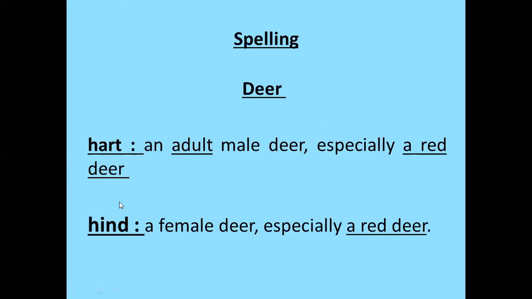This is the name of the animal, and the hart, this is the male one, and hind is the female one, because we have two other words for deer. So this is the adult and a red deer.